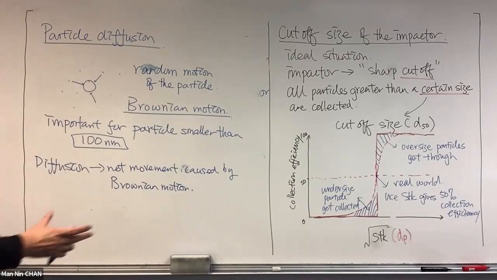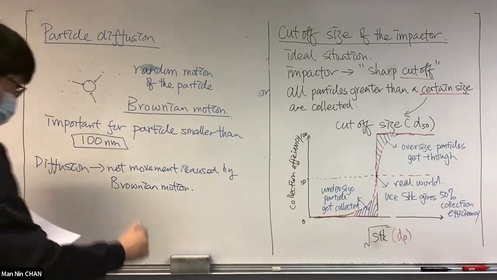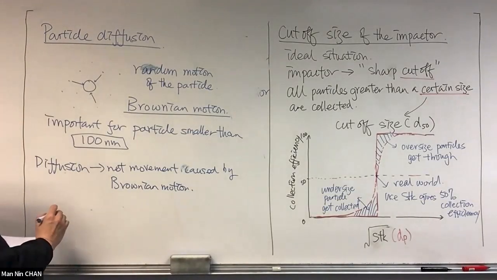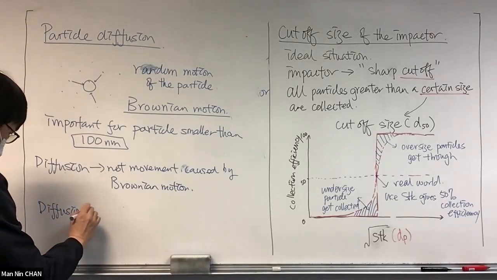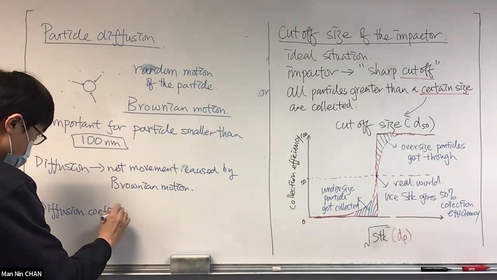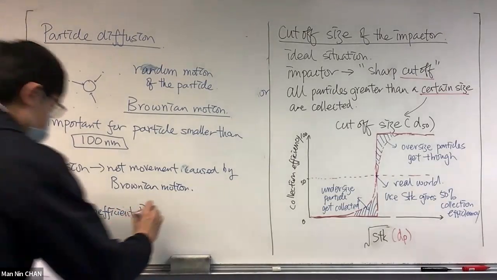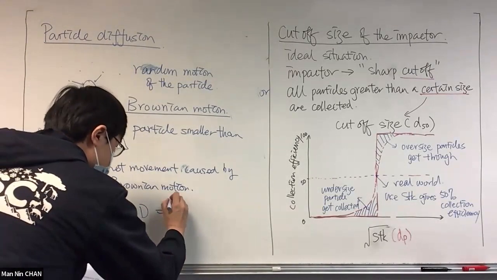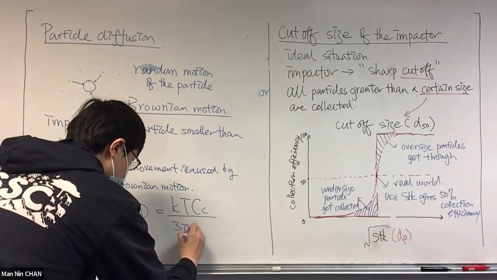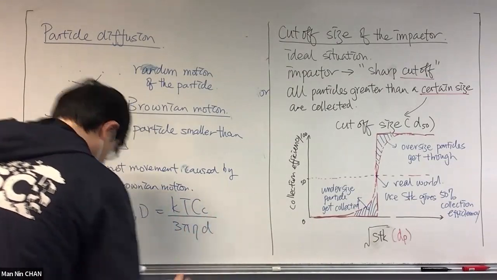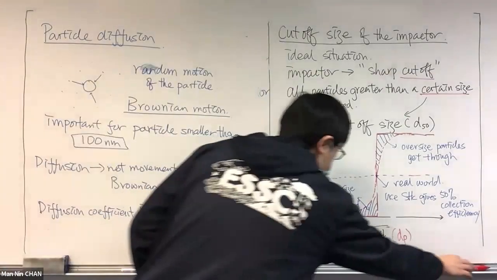Because your Brownian motion can be categorized by what we call the diffusion coefficient, called D, which will be equal to the following.